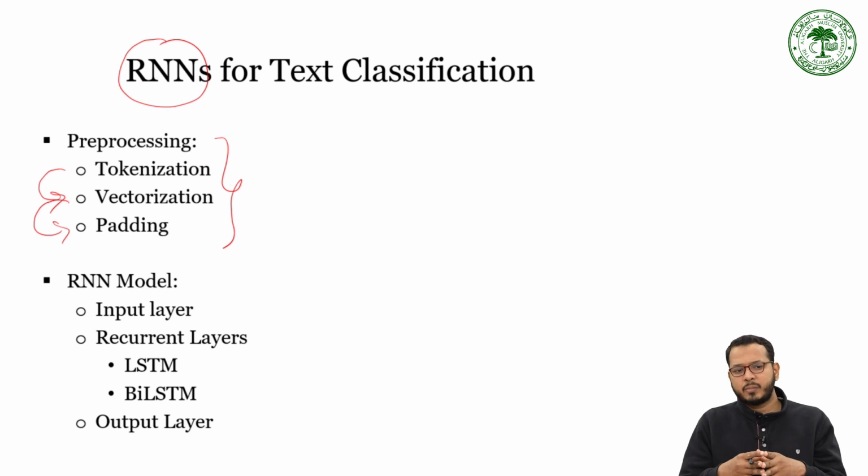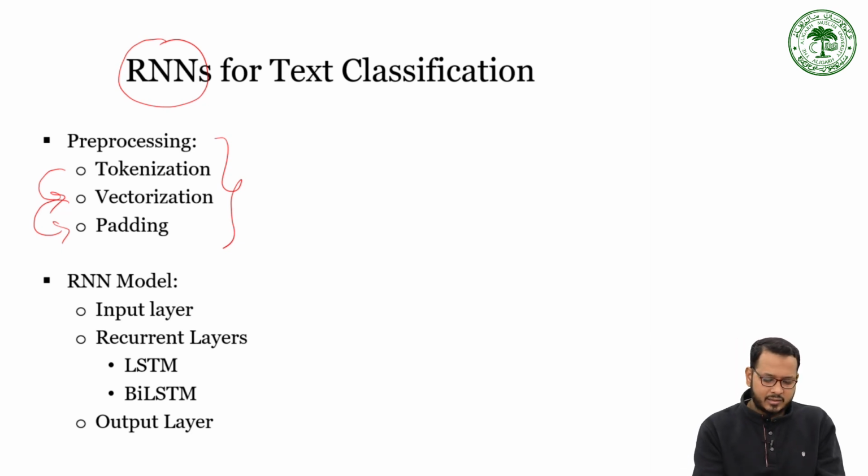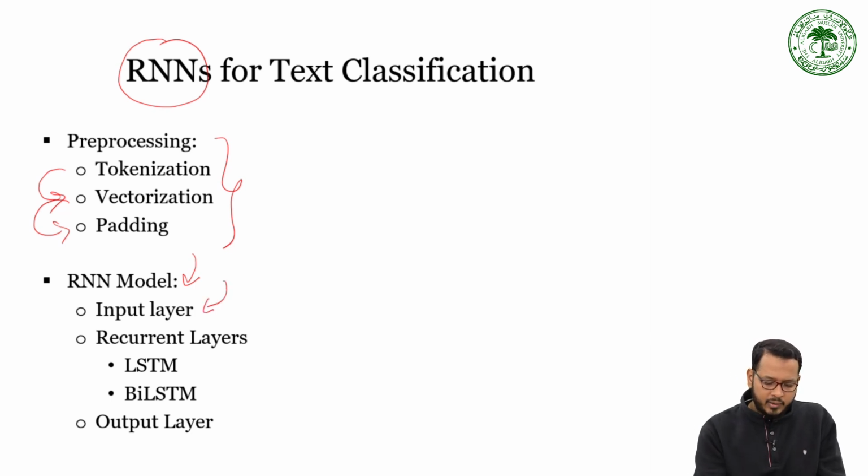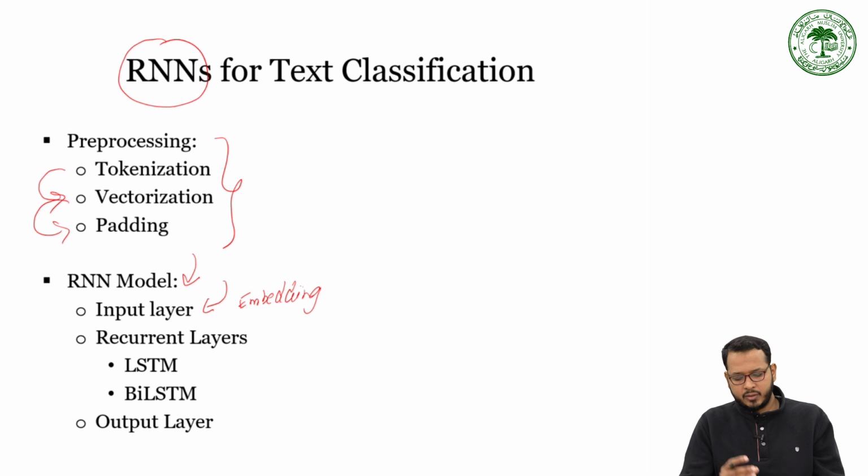Once we have done this pre-processing step, the next step is to create a deep learning architecture using recurrent neural networks. This architecture usually contains three common layers: the input layer, where we also do the embedding. Embedding is a more dense representation corresponding to each integer which represents one token of the text.